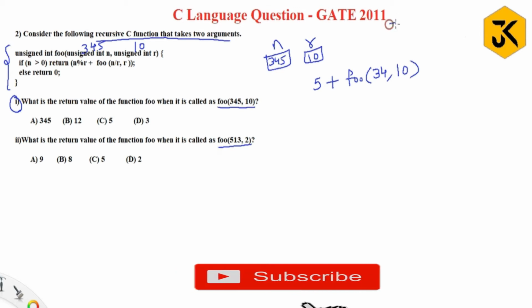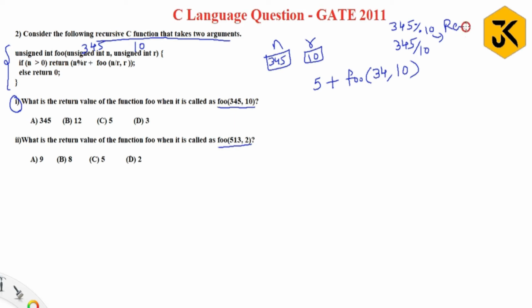Guys, observe here, 345 modulus 10 is different, 345 divided by 10 is different. 345 modulus 10 you will get a remainder, 345 by 10 you will get the quotient. That is why I have written like this. The remainder is 5, and the quotient is 34.